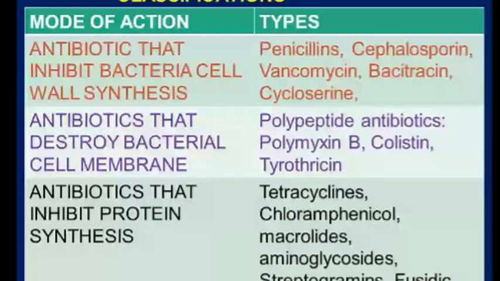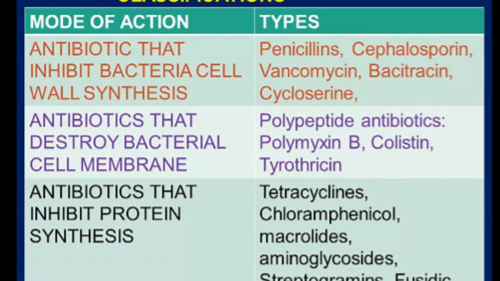Now, classification of antibiotics. We classify based on mode of action. The first mode of action is to inhibit bacterial cell wall synthesis, with drugs like the penicillins, the cephalosporins, vancomycin, bacitracin, and the rest.